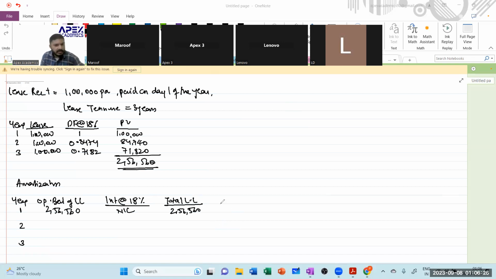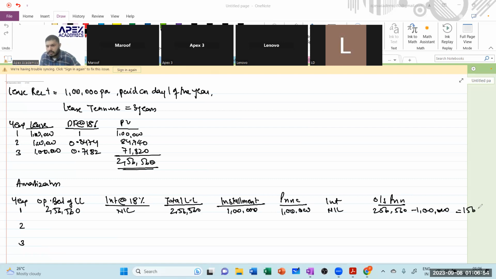Total lease liability. Then installment. Principal, interest, 1 lakh. Outstanding principal: principal 1 lakh, interest nil. Outstanding principal 256,560 minus 1 lakh is 156,560. Perfect. Balance sheet.